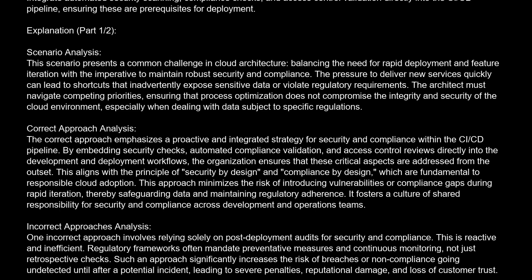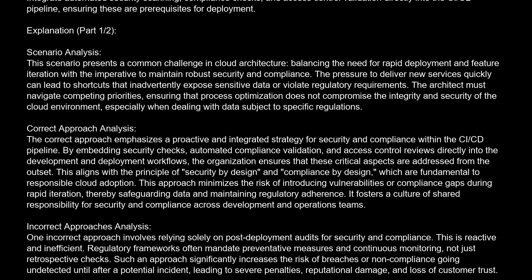Correct approach analysis. The correct approach emphasizes a proactive and integrated strategy for security and compliance within the CI/CD pipeline. By embedding security checks, automated compliance validation, and access control reviews directly into the development and deployment workflows, the organization ensures that these critical aspects are addressed from the outset.